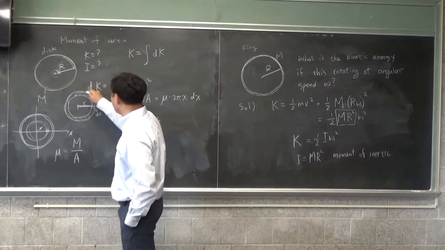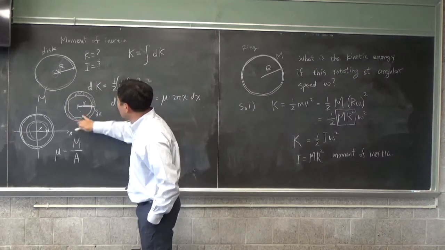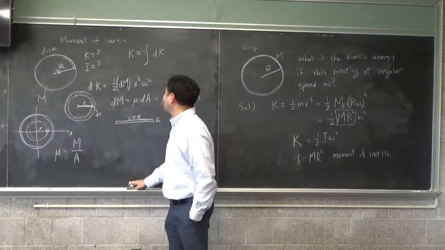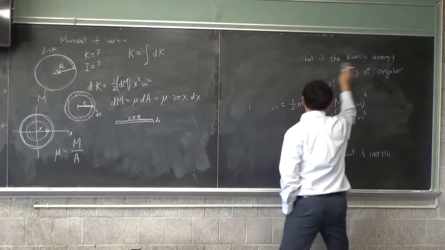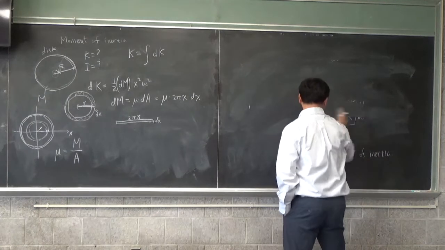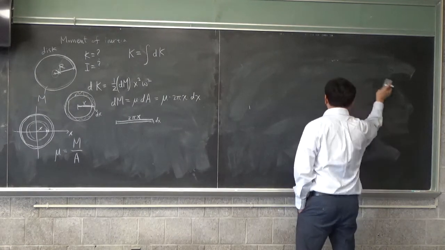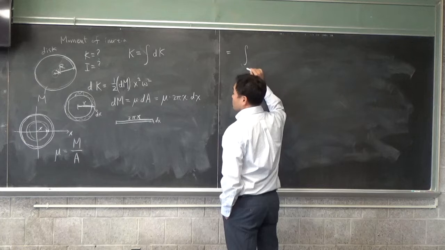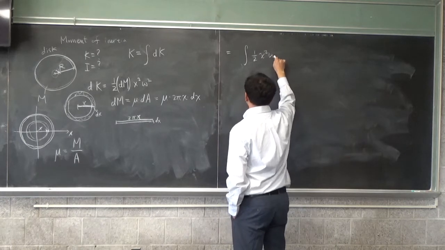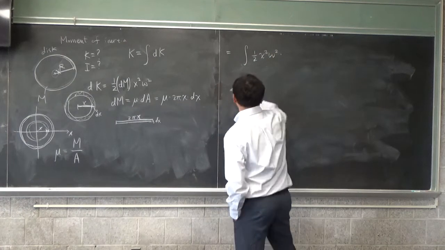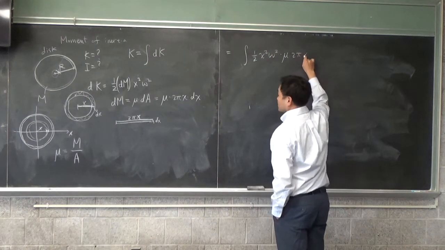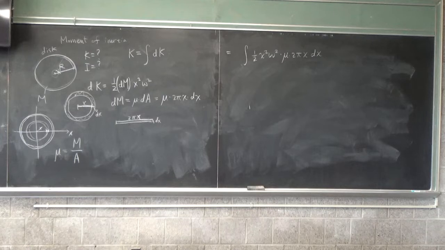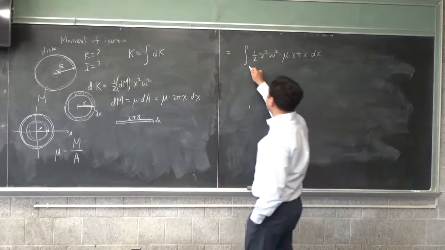Sorry, I should have said dK. The kinetic energy of this small portion, dK, is the same as this, with dm being replaced by this, and therefore we have the following calculation: the integral of 1/2 x squared omega squared dm, which is mu times 2 pi x times dx, where x goes from 0 until r.